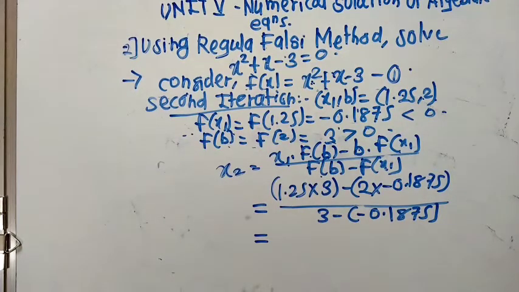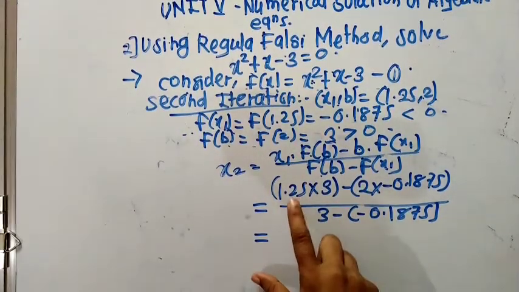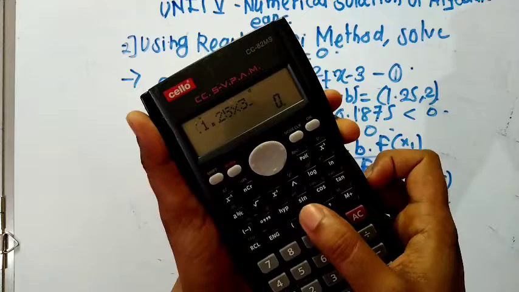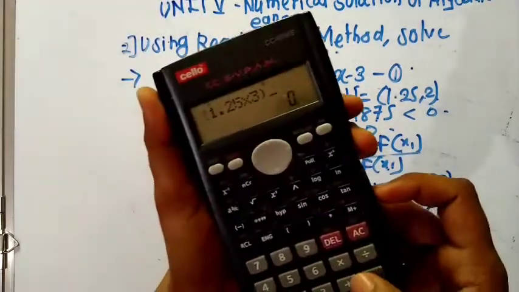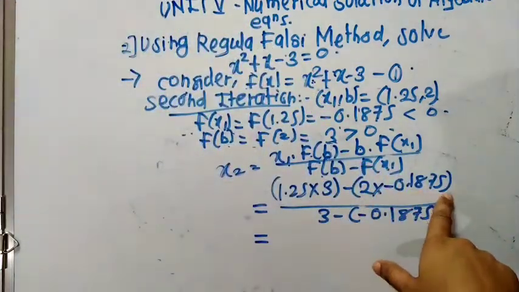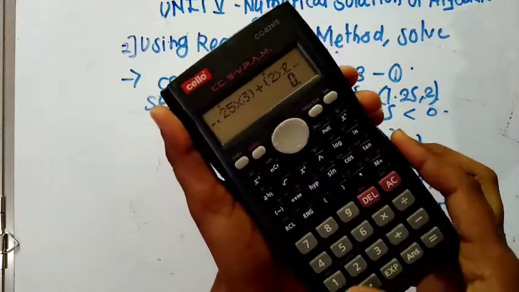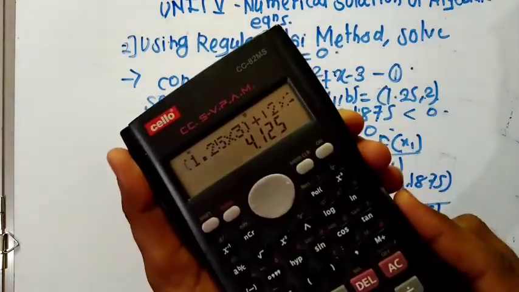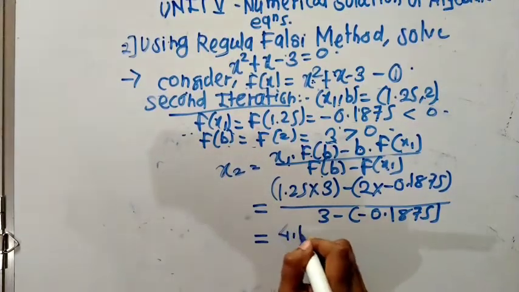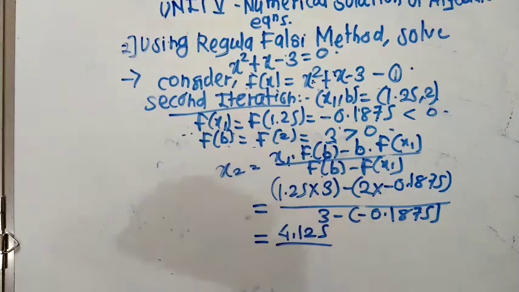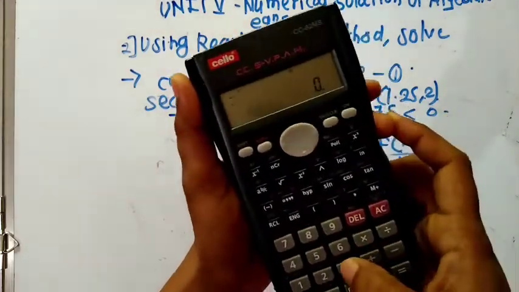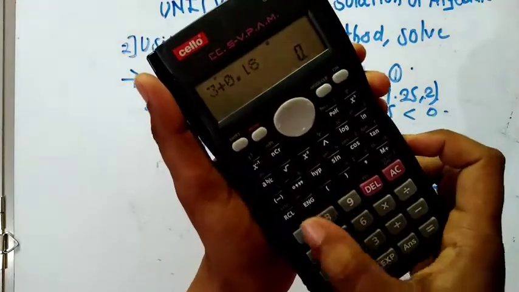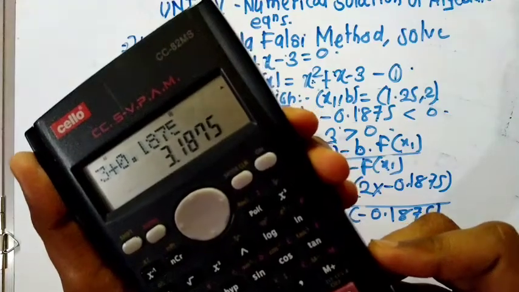Calculating by scientific calculator, 1.25 into 3, and minus minus plus, so plus 2 into 0.1875, which is equal to 4.125, divided by 3 plus 0.1875, which is equal to 3.1875.